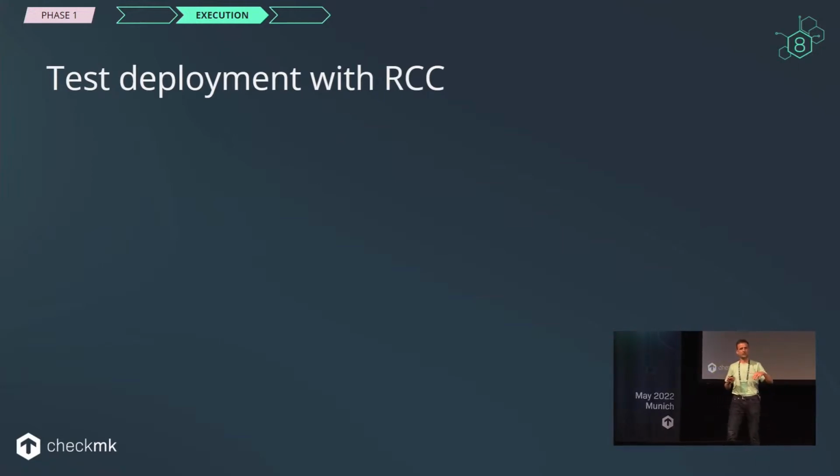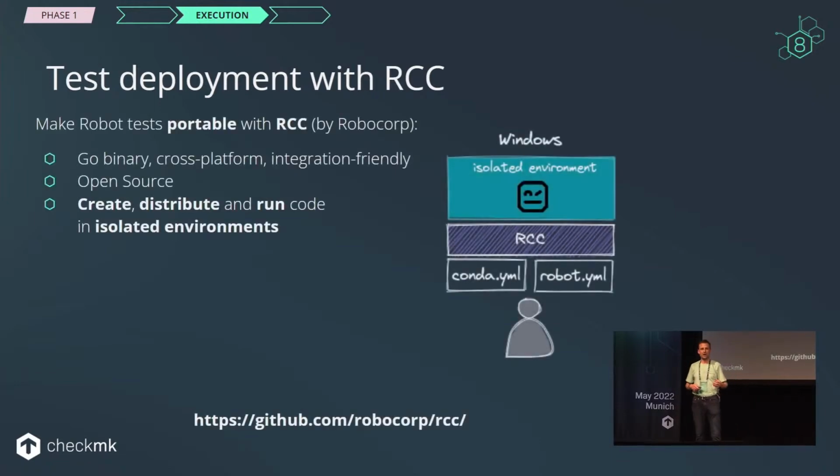And when they founded the company, they had exactly the same question in mind: how can we guarantee that the code which is written on the customer's machine can run reliably on our container environment? And so they developed RCC, which is written in Go, cross-platform, open source. With RCC, you can create, distribute, and run code in a completely isolated environment.